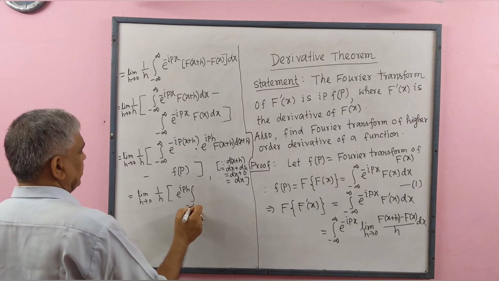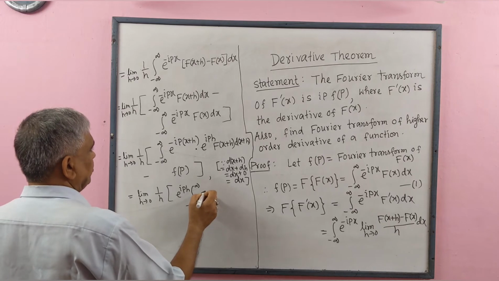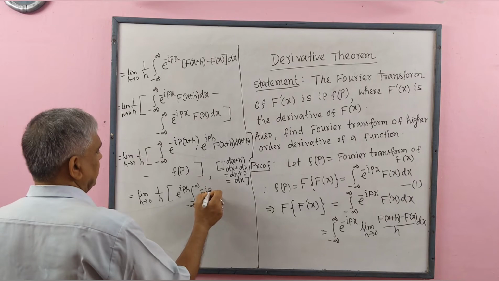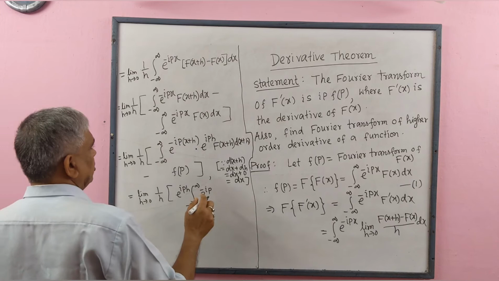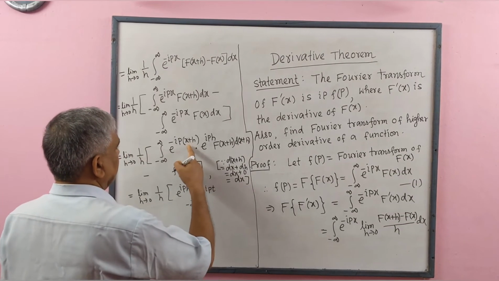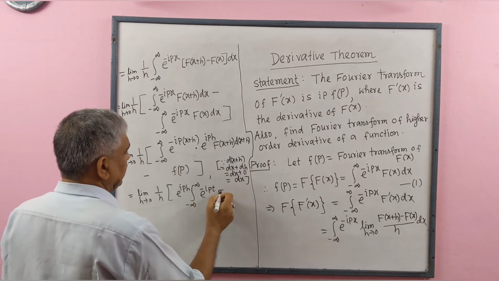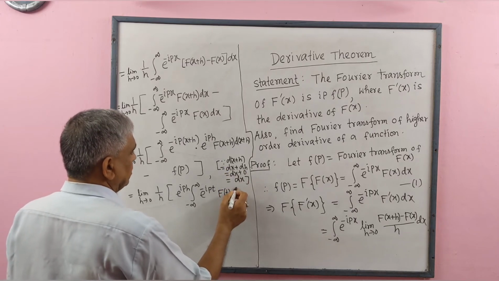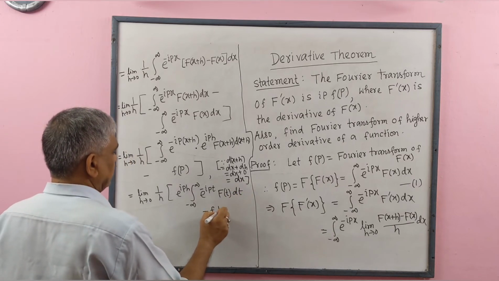Now the integration from minus infinity to infinity of e to the power minus ip, we may write x plus h equal to t. Then here also we may write f(t), and here dt, minus F(p).